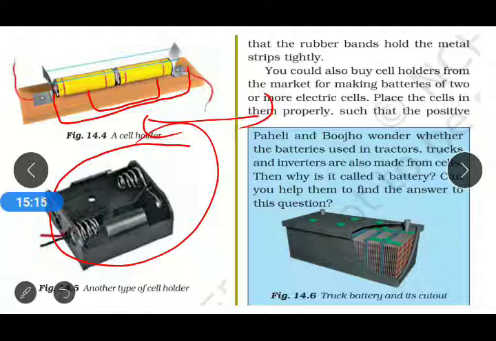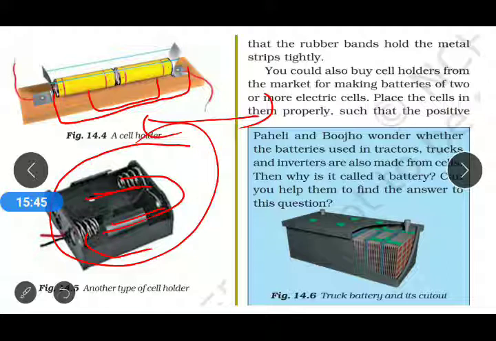In that, you can see there is a spring-like structure attached. This spring-type structure is nothing but a type of strip or wire. Here you can see there is a gap in which we place the cells and form a cell holder. So in that way we can make our own battery.